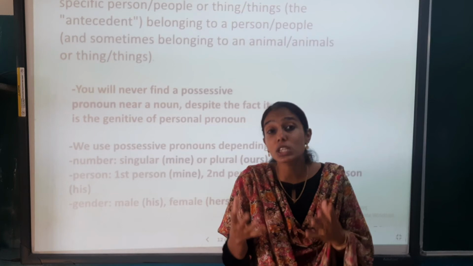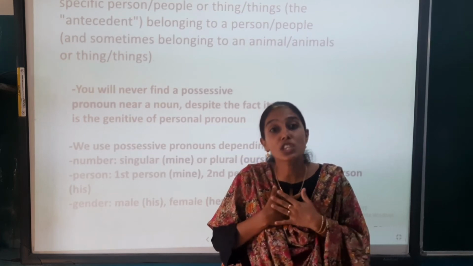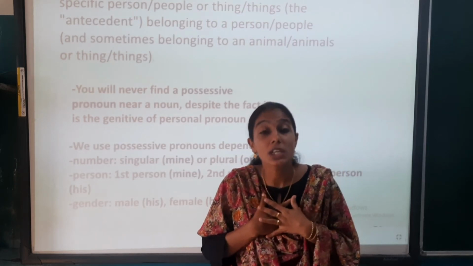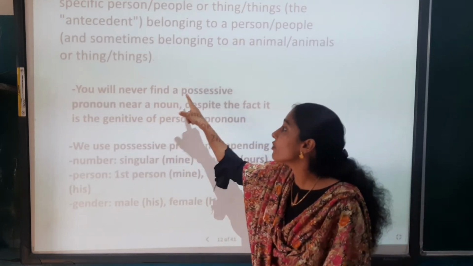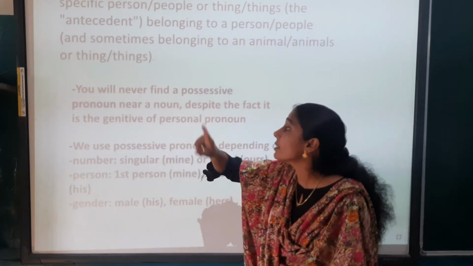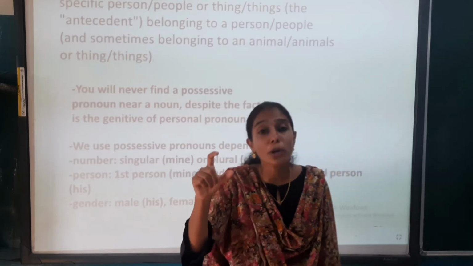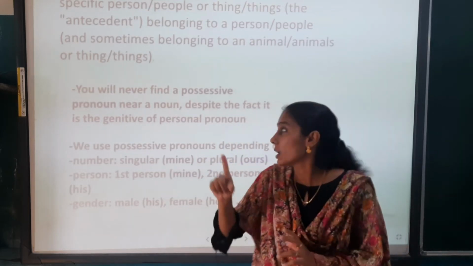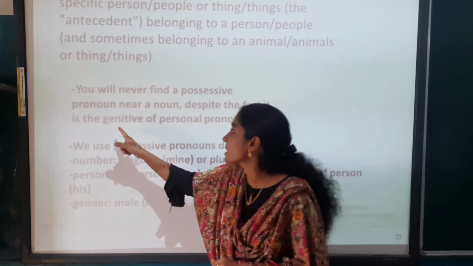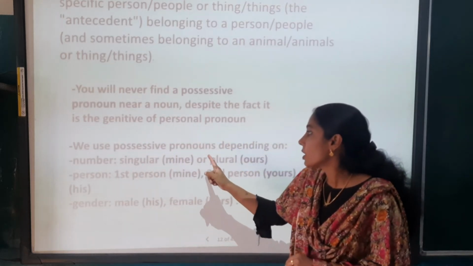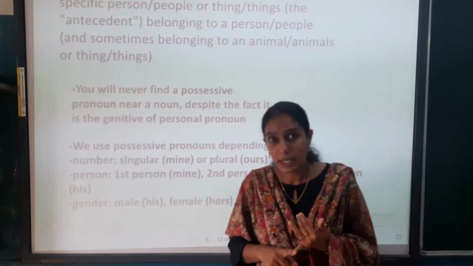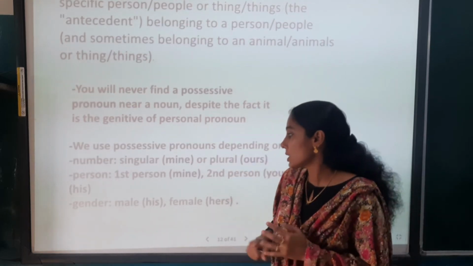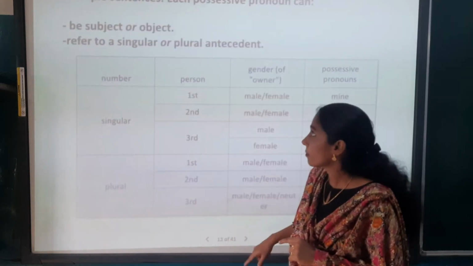When we say possessive, meaning whatever thing is mine, it belongs to me, that is called a possessive pronoun. You will never find a possessive pronoun near a noun, despite the fact it is the genitive of the personal pronoun. So we use a possessive pronoun depending on number, person, gender.